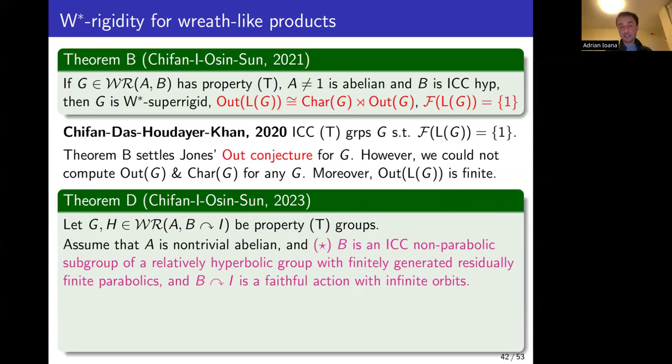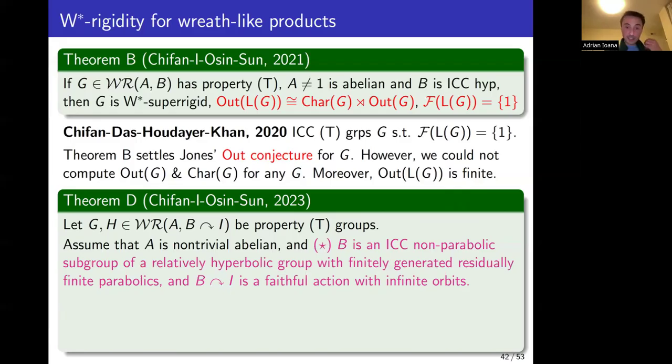So just to unpack it: B is an ICC non-parabolic subgroup of a relatively hyperbolic group, which has finitely generated residually finite parabolics, and the action of B on I is a faithful action with infinite orbits.